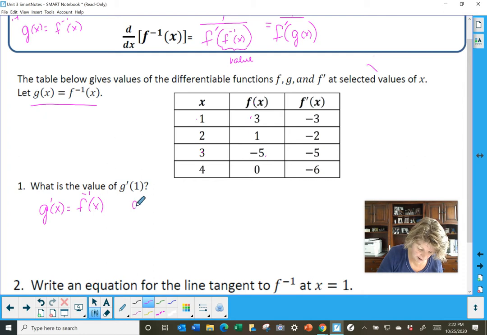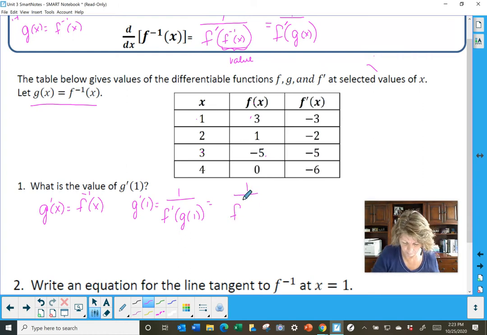So g prime of 1 is equal to 1 over f prime of g of 1, or I could write that as 1 over f prime of f inverse of 1.